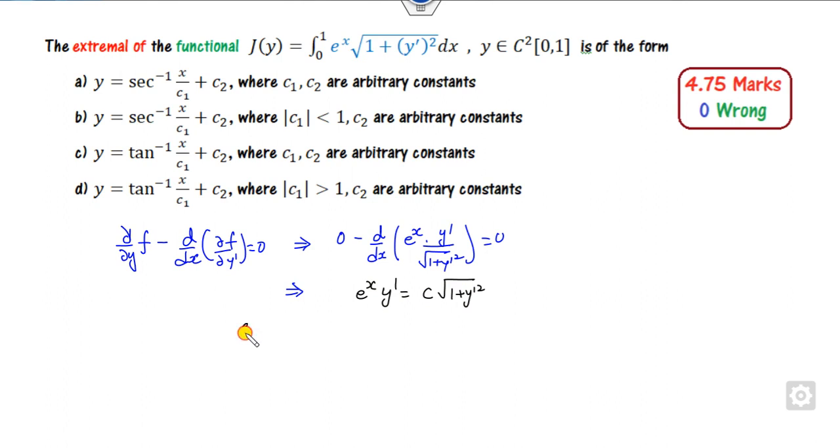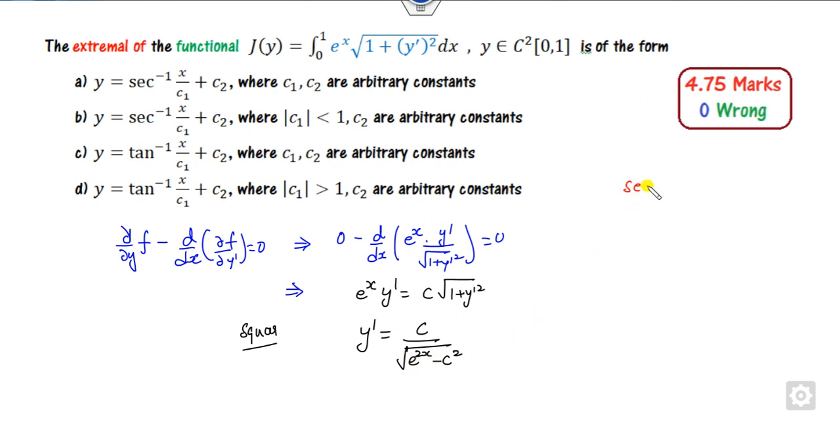Now you can find the value of y dash. By squaring, you can easily find y dash, which is c upon the square root of the expression. Now you can take the derivative of this and compare.